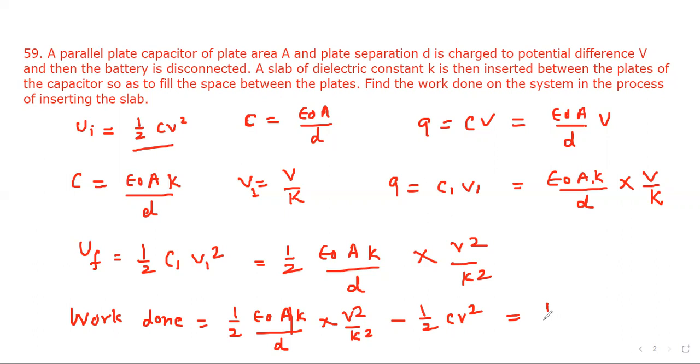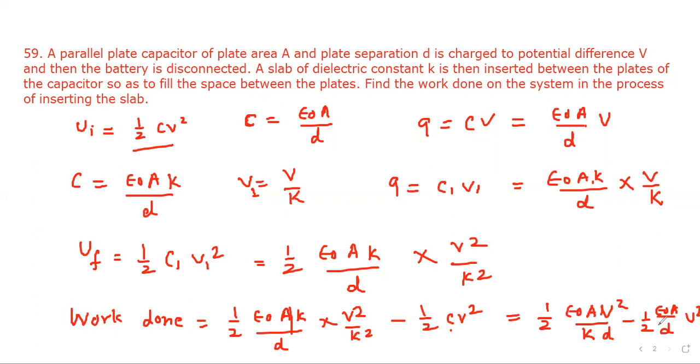So this is 1 by 2 epsilon naught A V square divided by K D, minus half, C is epsilon naught A upon D, times V square.